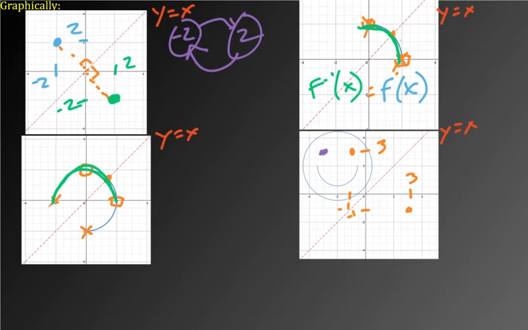This one over at -3, 3 would flip to 3, -3, right there, right? And you probably can already see where this is going. Its mouth, this point is going to flip here. This one's going to flip here. So he's kind of like smiling like that.